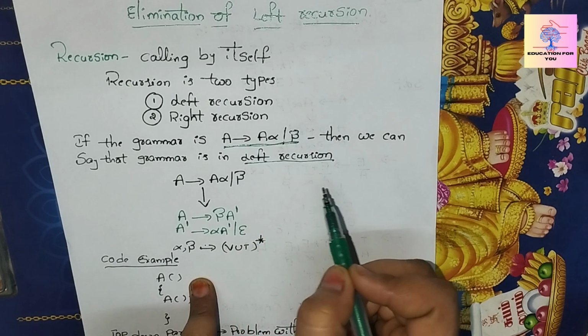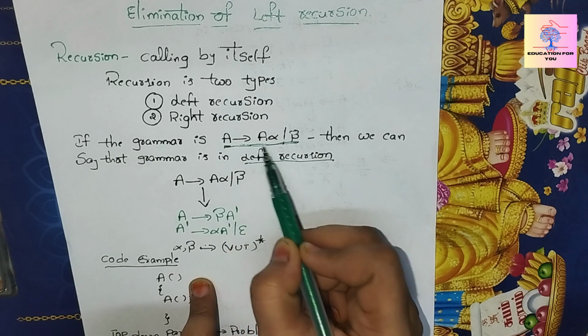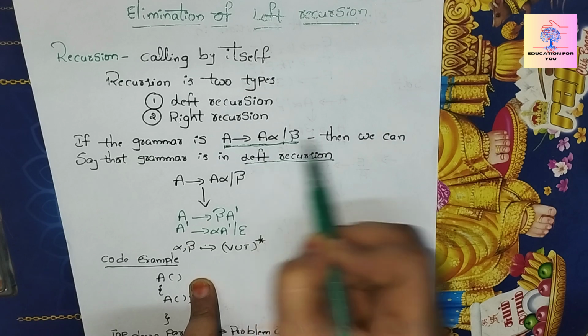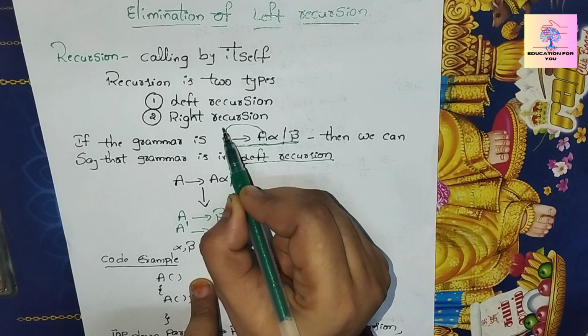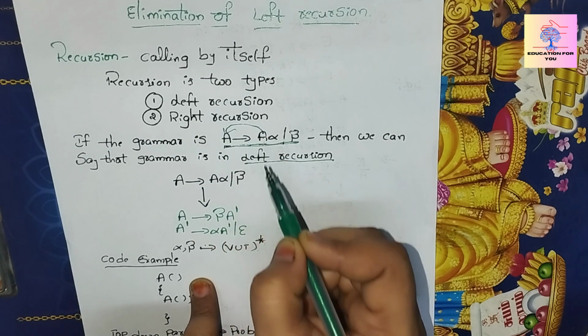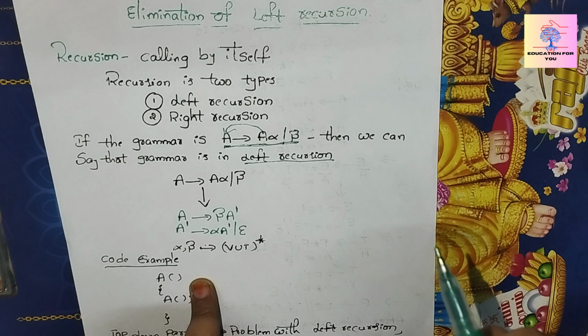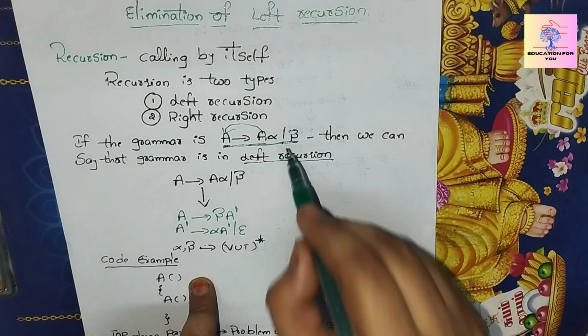How can you say that? Here the leftmost symbol and the first symbol of the right side, if these two are the same, then we can say that the grammar or the production is in left recursion. Now we have to eliminate this left recursion.